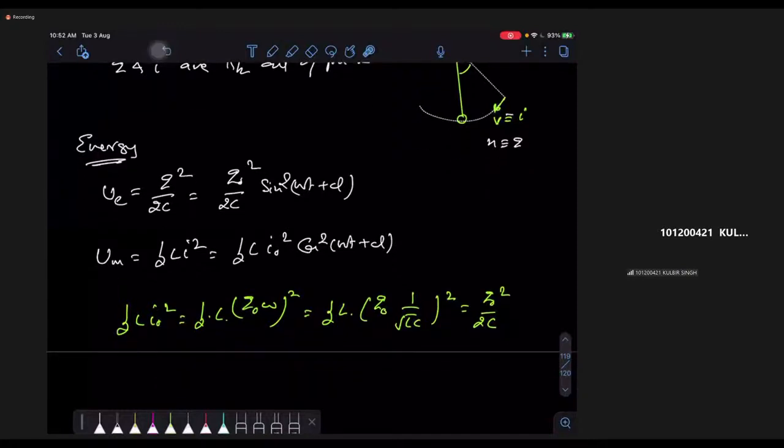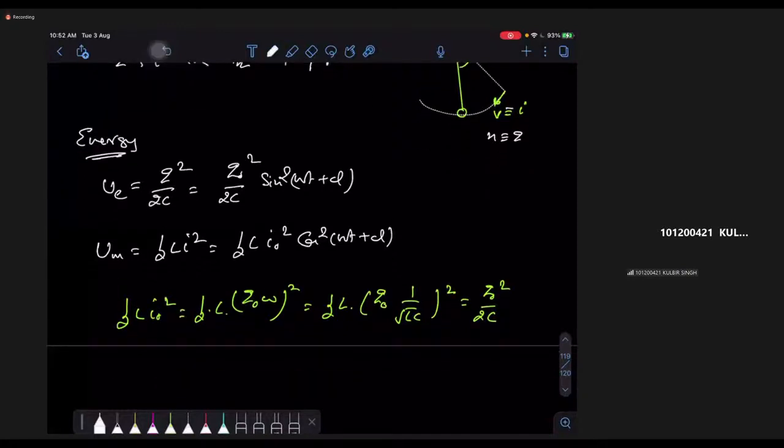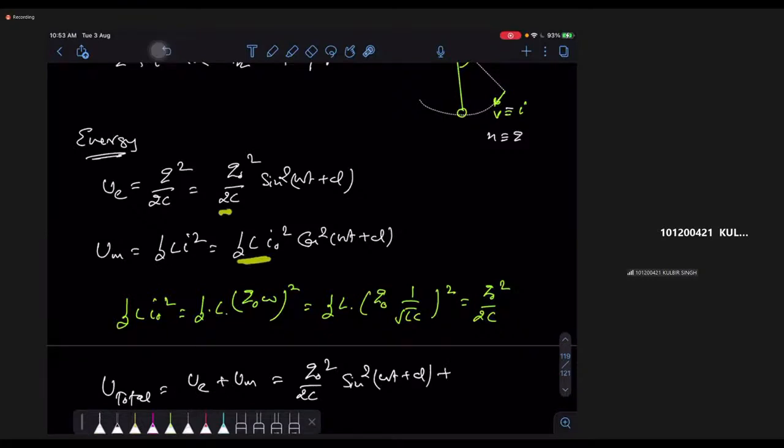So meaning thereby, if I want to write my total energy, you have electrical plus magnetic, we don't have any third energy. And both are going to be equal. Q naught squared by 2C, that's sine squared (omega t plus phi). And the amplitude of magnetic energy and amplitude of the electrical energy are both the same.